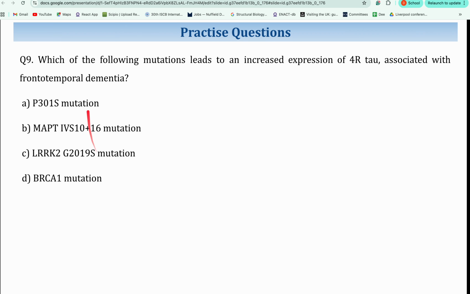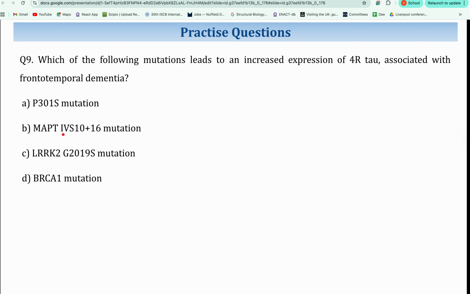Okay, so next question is, which of the following mutations leads to an increased expression of 4R tau associated with frontotemporal dementia? Option A, P301S mutation, that means proline at site 301 is changing to serine.